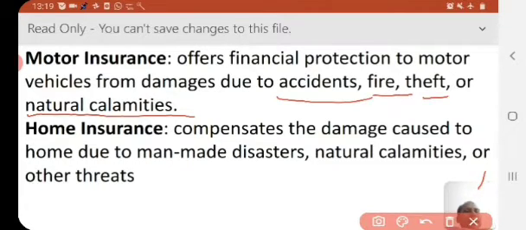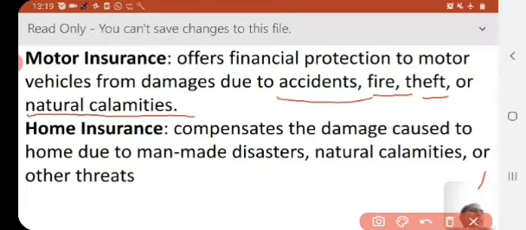And fire. If any fire happens to our vehicle and it is burnt, it can be covered with the motor insurance policy.